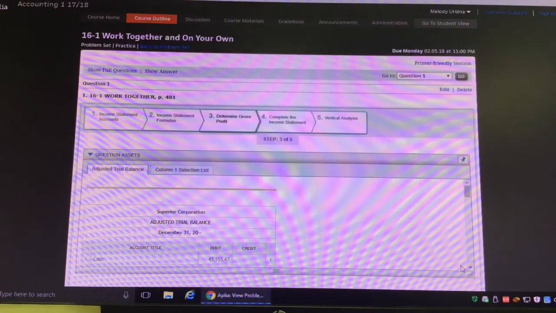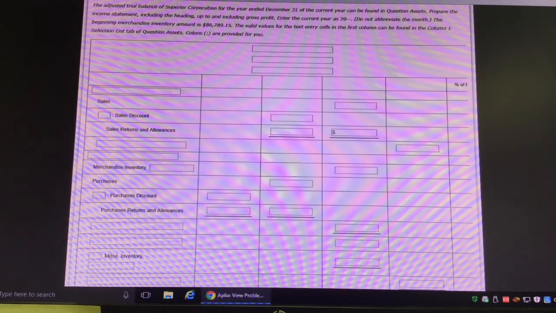Step 3, they want us to determine the actual gross profit. In order to do that, we're going to actually start filling in our income statement. The first thing that you're going to have to do is actually label the report. So we have to have the name of the company, so Superior Corporation.